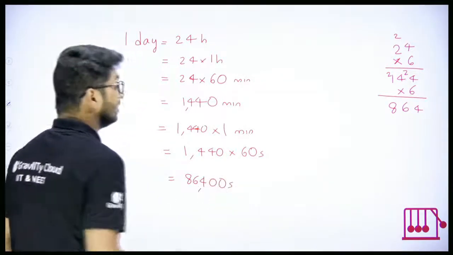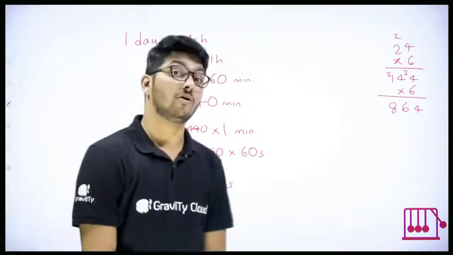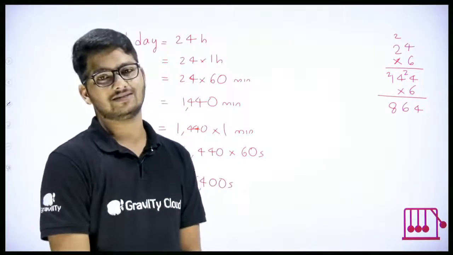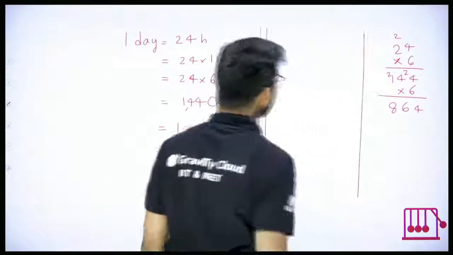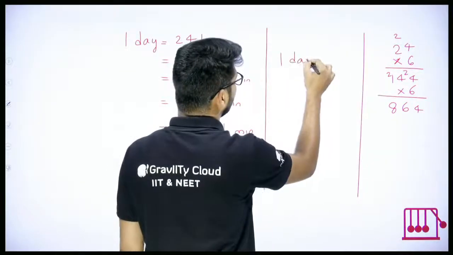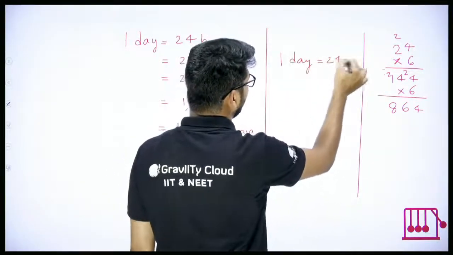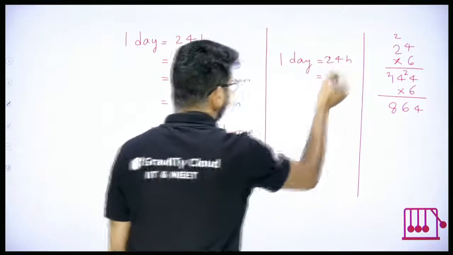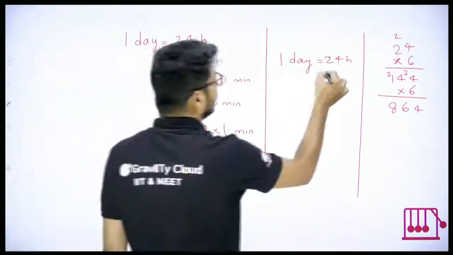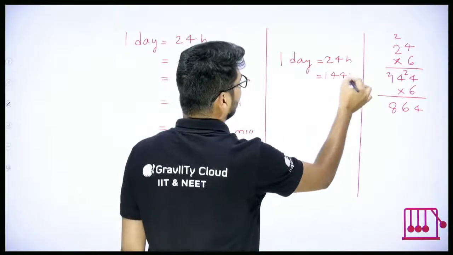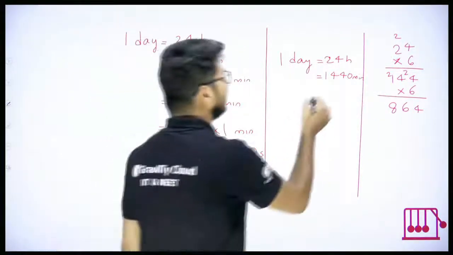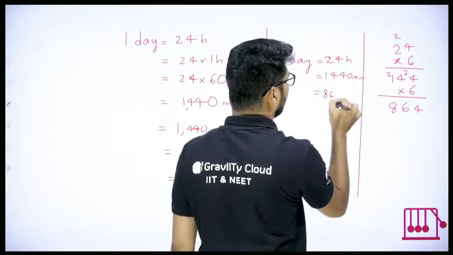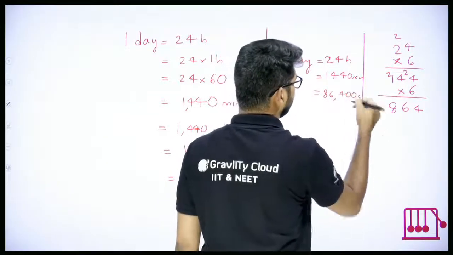So it is 86,400 seconds. That means 1 day is equal to 24 hours, the same 1 day is equal to 1440 minutes, and it is also equal to 86,400 seconds.